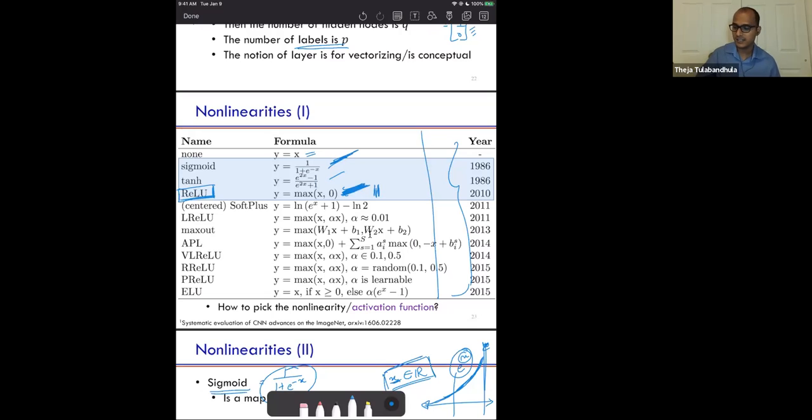Folks in research probably don't experiment too much with the choice of nonlinearity. They have already done it, and there are some examples in recent years, but folks focus on other aspects of neural networks. You can certainly try any and see if one works better than the other in terms of reducing your training loss or cross-validation loss.